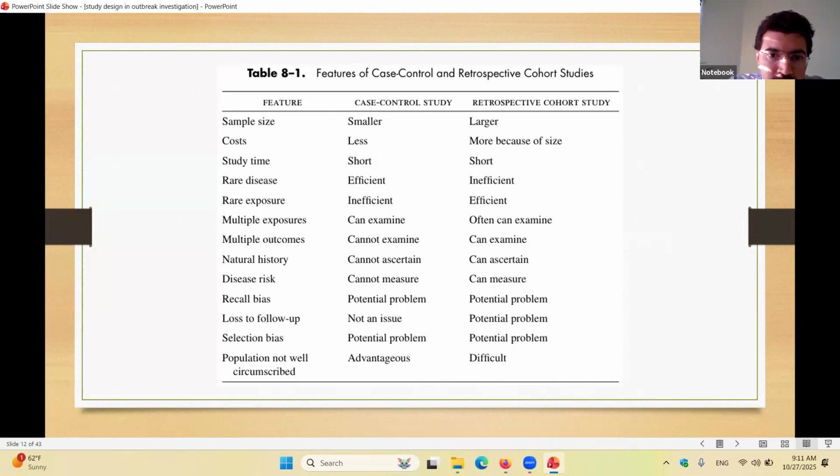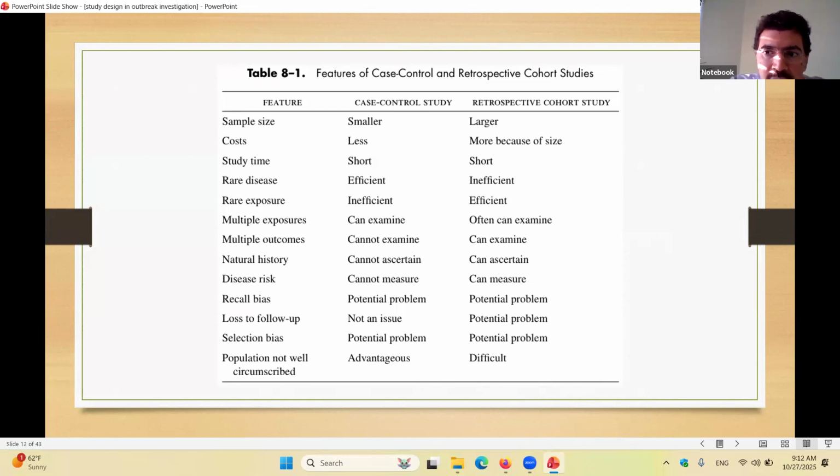For multiple exposures, in case control studies, we can examine multiple exposures. Also, in cohort studies, we can examine multiple exposures. But for multiple outcomes, we cannot examine them in case control studies.